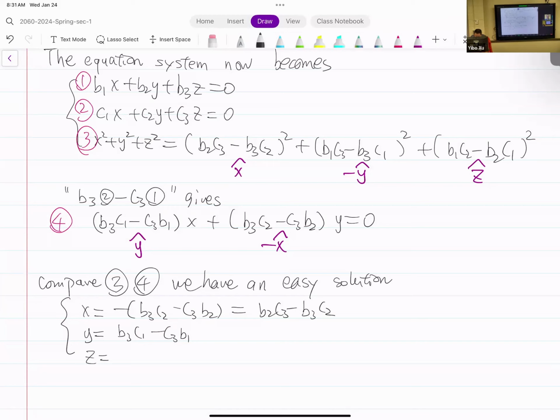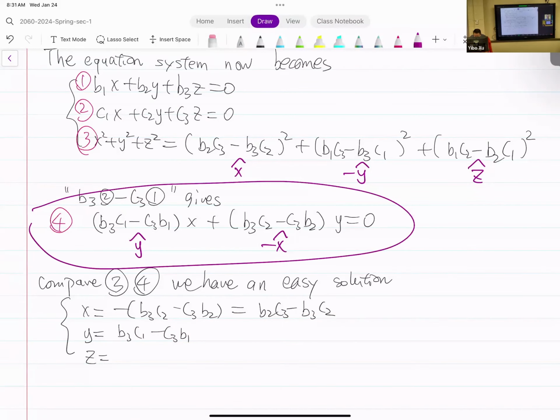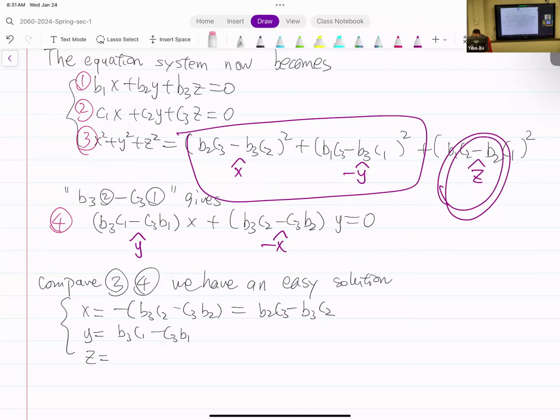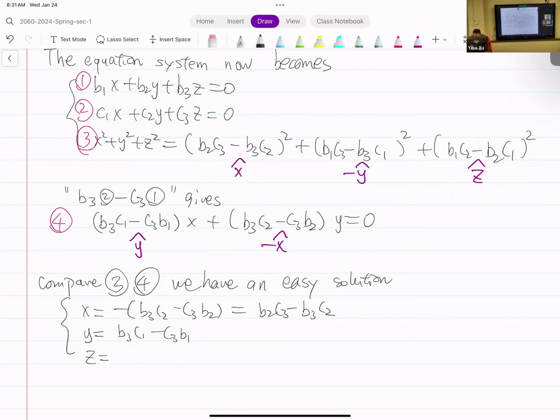And z, okay, so basically for x and y, if we choose these two values, then equation 4 is satisfied. In equation 3, these are gonna cancel with these, and now you see, z is either z hat or negative z hat, right? And if you plug back into equations 1 and 2 for the x, y, z values, only z hat can survive, okay? So that's exactly what we want.